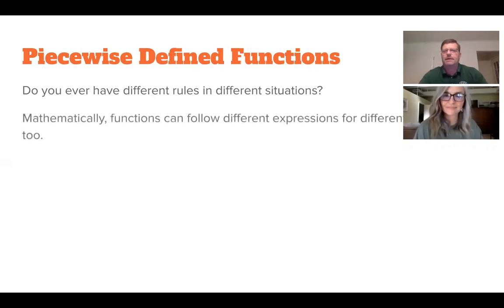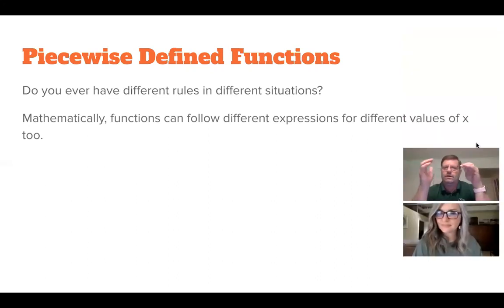And that mathematically happens as well for functions. There are different situations where we might want to apply different formulas. When it gets too hot, people have to adjust their exercise routines, right? You can't run as far or as long when it's 105, right, Miss Young?